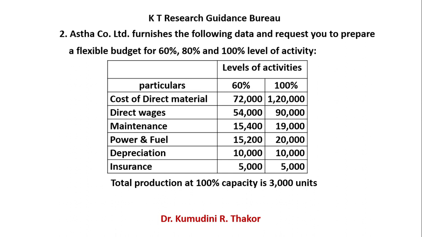In the previous example, I explained how to find it out. So it is easy for you. For 60, 80 and 100, I will give you 1 second for that because now you know how to find it out.